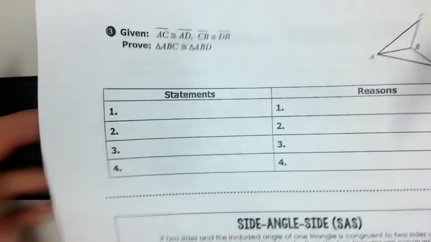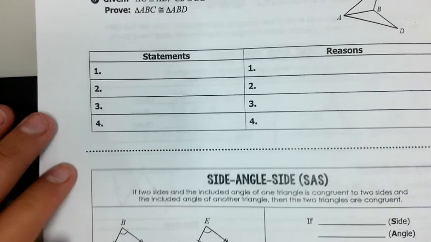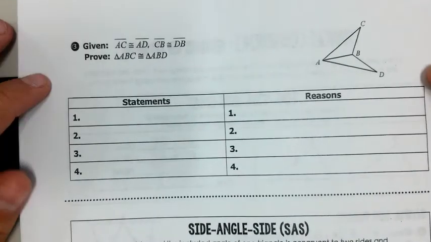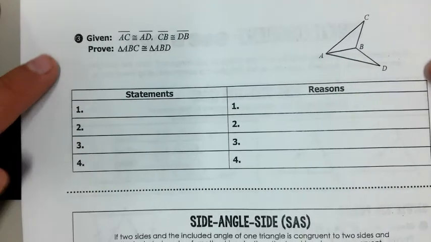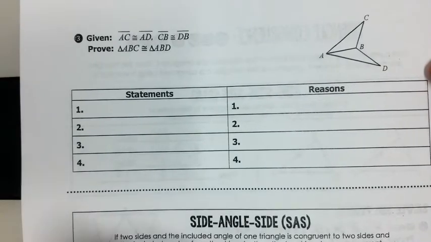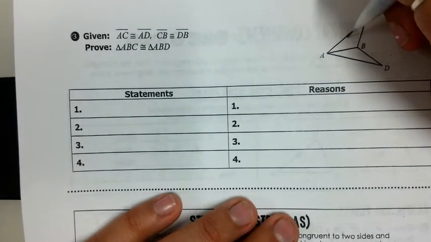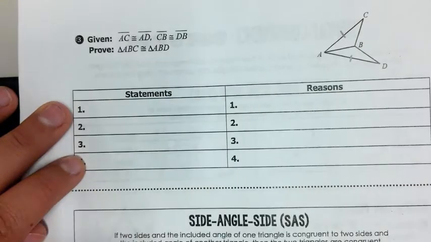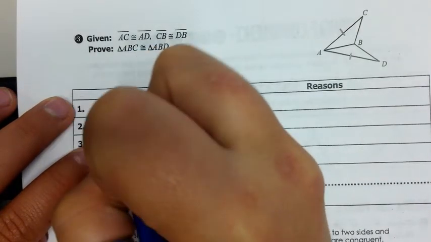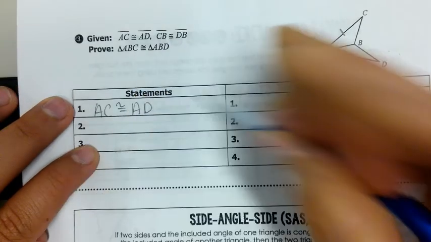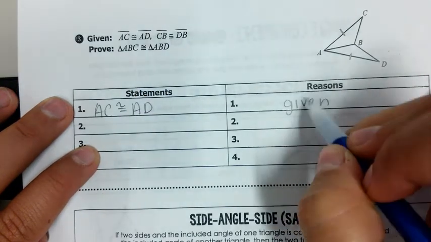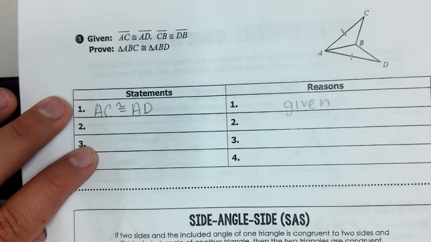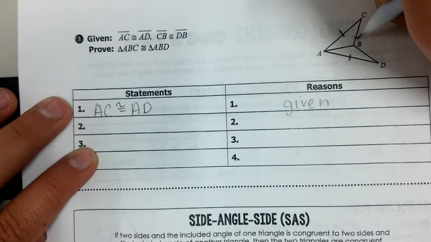Now, remember how I said proofs aren't going to be filled in? So here is your first fill-in that you have to do on your own. We're told that AC and AD are equal, so we write that on our first line: AC is congruent to AD, and that was given to us. Then CB and CD are equal.